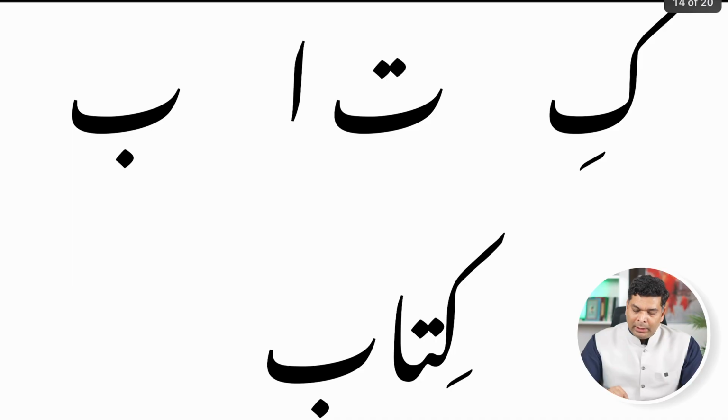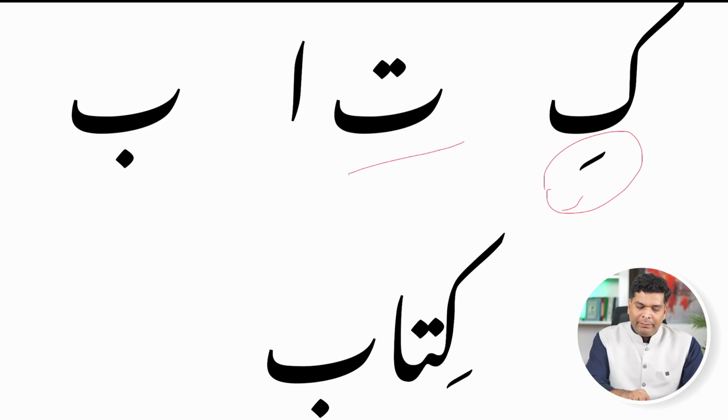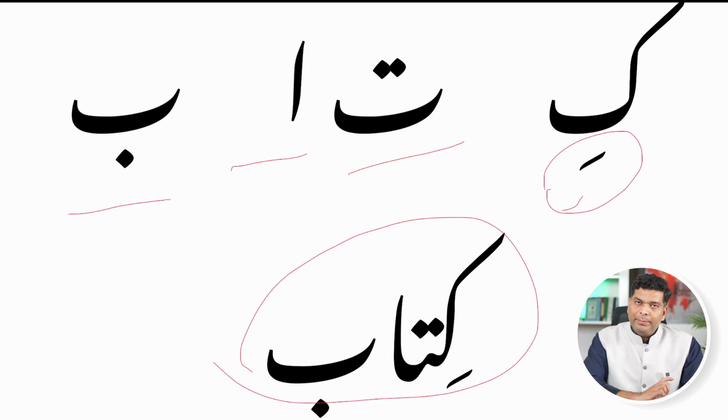So if we go further, we have another word here called kaf zer ki that you see here. Kaf, we have put zer here, which makes it ki. We have got te, we have got alif, we have got be. Together, it becomes ki, ta, b. So this becomes kitab.